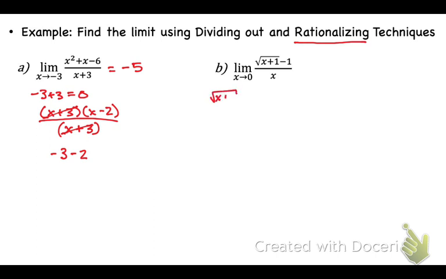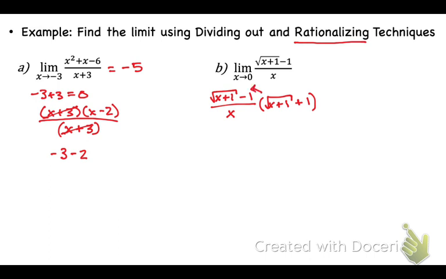So I need to do something so I'm just not dividing by x, so I can plug in 0, correct? I can't factor an x out of the numerator, so I could multiply by this conjugate, which would be the square root of x plus 1 plus 1. Could I do that on the bottom and the top? Yes.